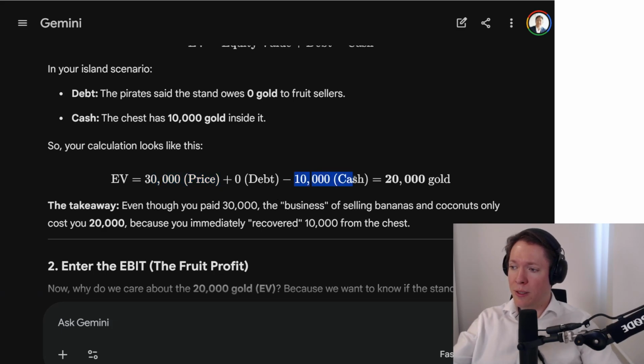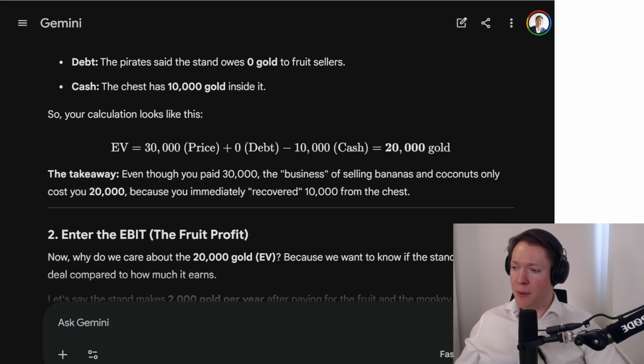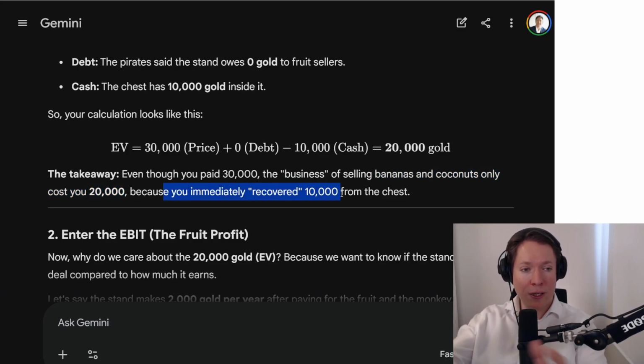But we can subtract 10,000 gold because we have it included in the whole package. So the total enterprise value is 20,000 gold. The takeaway: even though you paid 30,000 gold pieces, the bananas and coconut business is only costing 20,000, because you immediately recover 10,000 gold inside the chest.